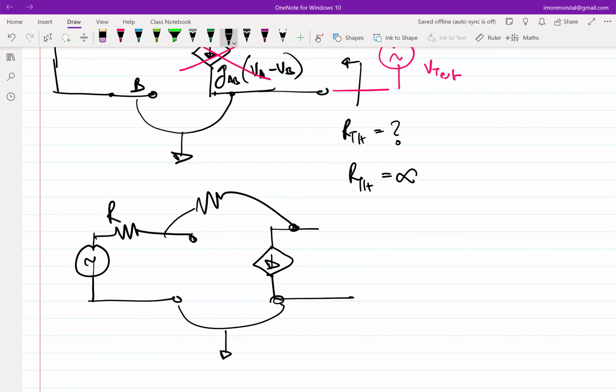So let's say this is R1, this is also R1, this is VI, and I want to find out RTH. This is G times VAB. That is VA minus VB.